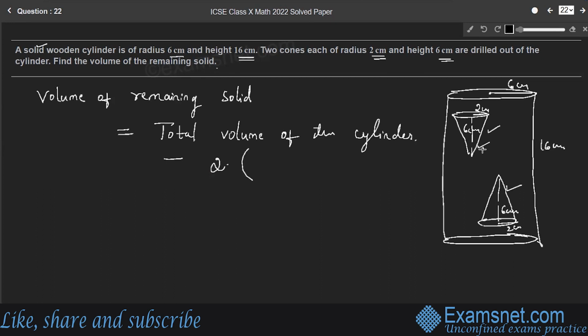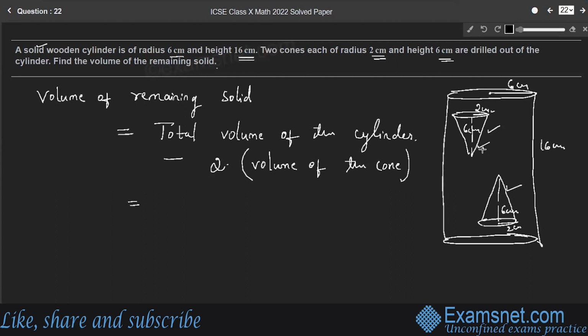Because two cones drilled out of the cylinder have same radius and same height. Therefore, their volumes are same, right? So 2 times volume of the cone.